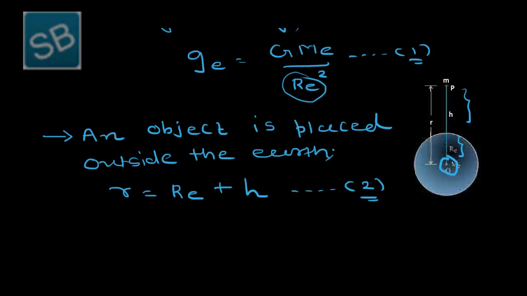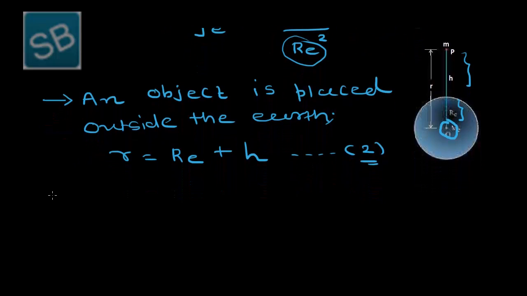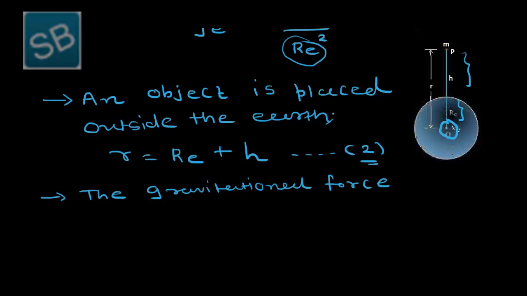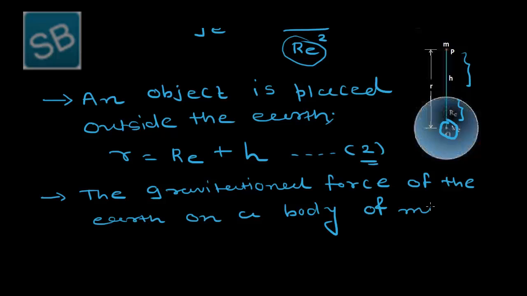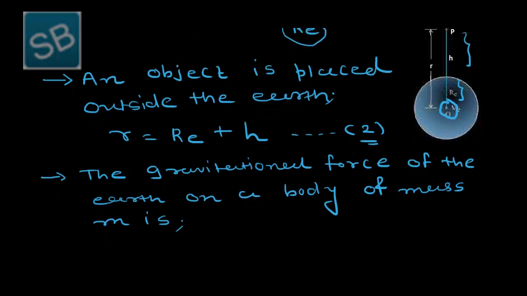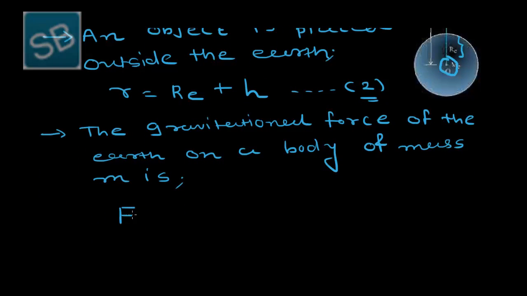Therefore, the gravitational force of the earth on a body or particle outside of the earth which is having mass m is given by F of h.